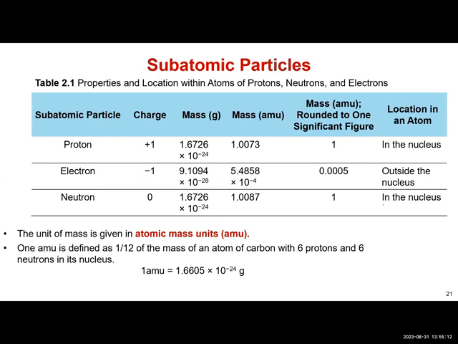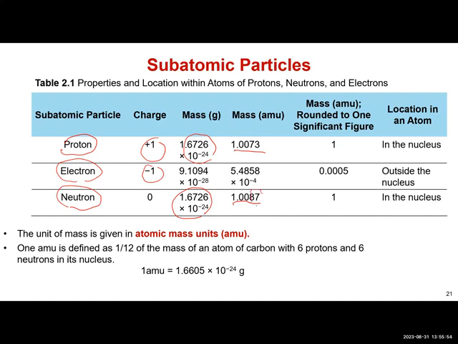An atom is made out of 3 subatomic particles. One of them is the proton. The other one is the electron. The third one is the neutron. Proton has a positive charge. Electron has a negative charge, equal but opposite. Now mass-wise, proton and neutron have almost the same mass.